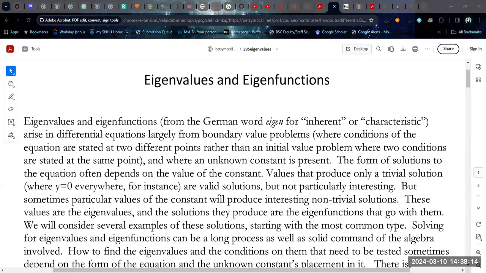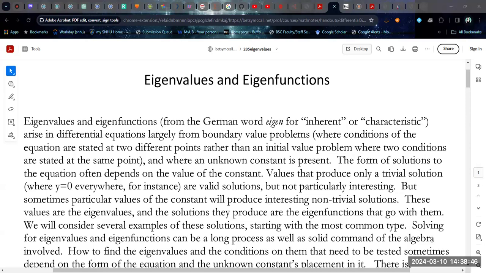So they're going to give us characteristic functions for a particular problem solution and not characteristic vectors. But a lot of the concepts are the same. So if you've encountered eigenvalues and eigenfunctions in linear algebra, then you will see some connections between these concepts. However, if you have not done linear algebra, that's okay. We're going to walk through all of the algebra that you need in order to pull this off.